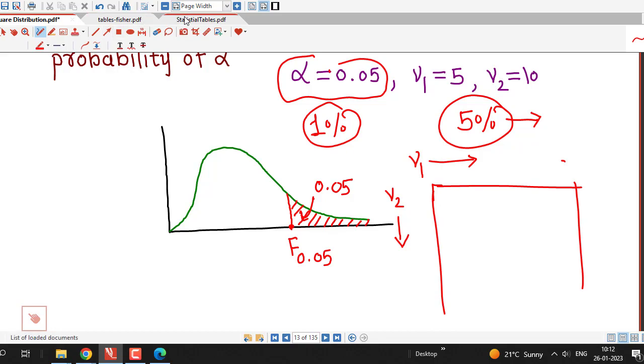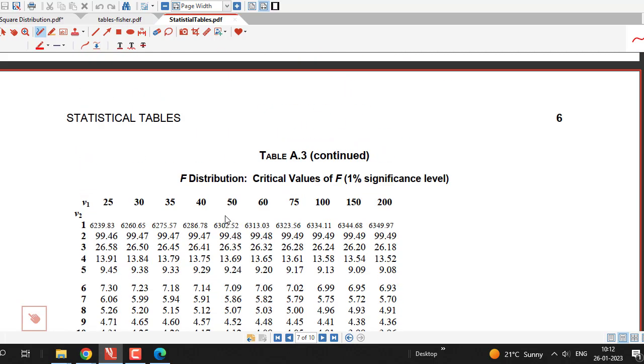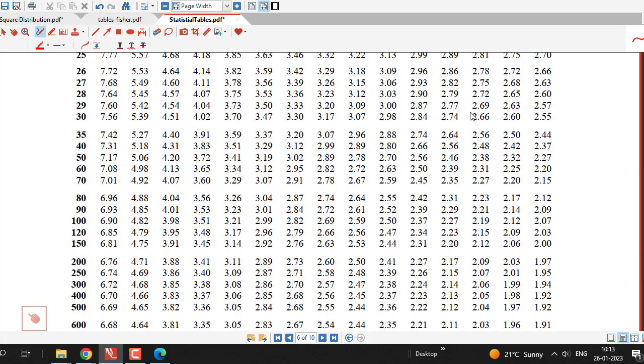I am showing you here in this table. This is the F distribution table of critical values of F, and here it is written that these critical values are for 1% significance level. That is, if you are interested in the critical value of F for alpha equal to 0.01, then all these values are for alpha equal to 0.01 level of significance.